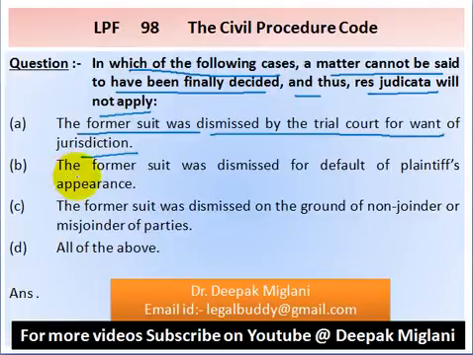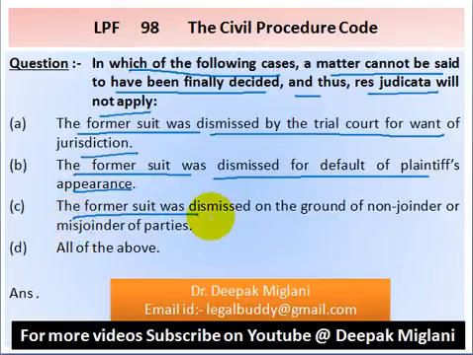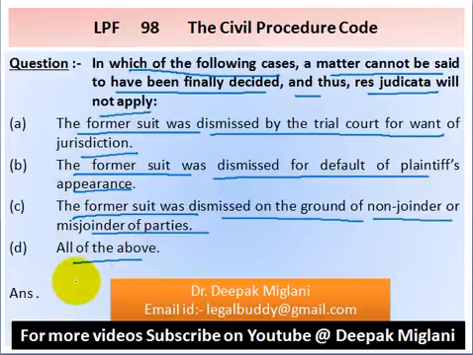Option B. The former suit was dismissed for default of plaintiff's appearance. Option C. The former suit was dismissed on the ground of non-joinder or misjoinder of parties. Option D. All of the above. Answer is option D.